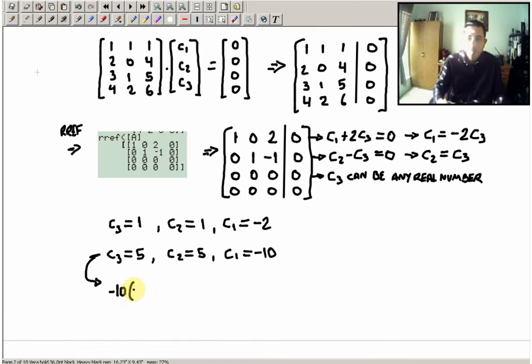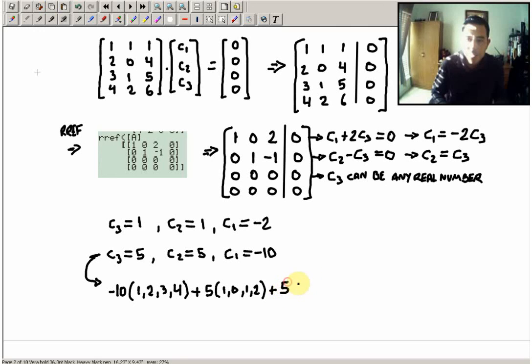This means the linear combination is negative 10 times the first vector, 1, 2, 3, 4, plus C2, which was 5, times the second vector, 1, 0, 1, 2, plus C3 times the third vector, 1, 4, 5, 6, and this is equal to 0, 0, 0, 0.